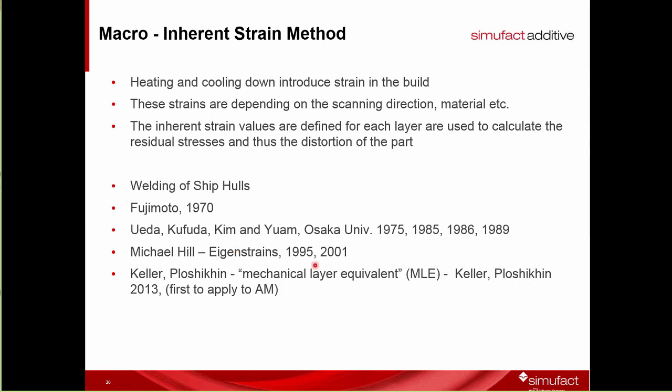Other people called it different names. In some programs you're going to hear the name eigenstrain method. It's the same as the inherent strain method. It was first applied to additive manufacturing by these two gentlemen at University of Bremen. They used this technique, and they utilized Marc to get their first simulation.